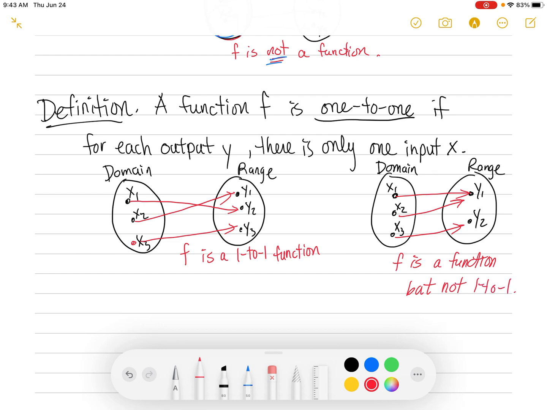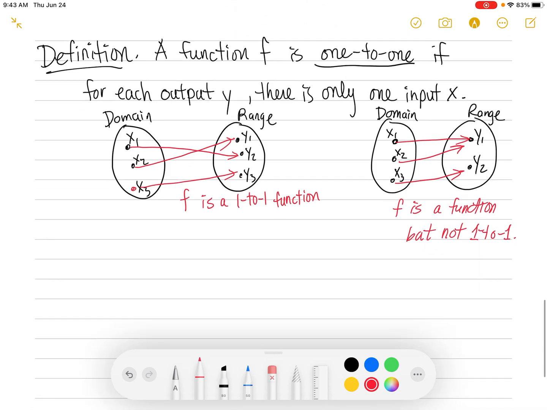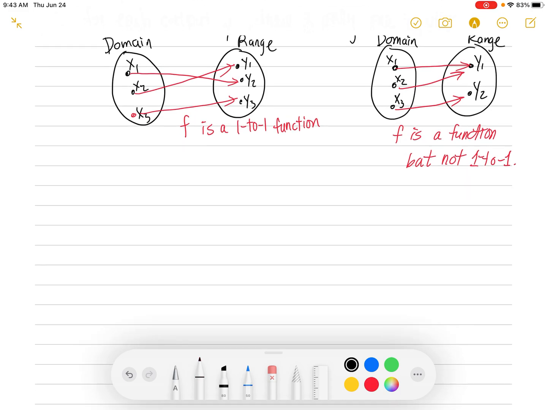So f is a function, but it's not one-to-one. It's a function because every x has one y, but it's not a one-to-one function because every y does not have one x.